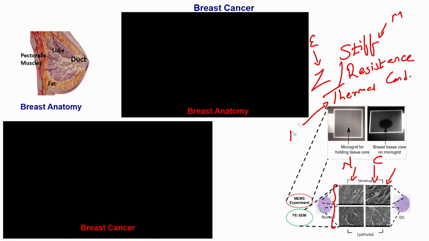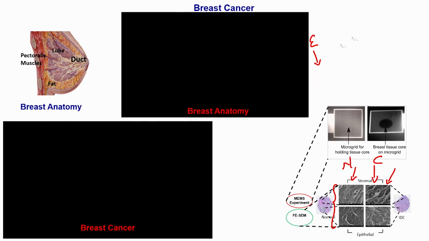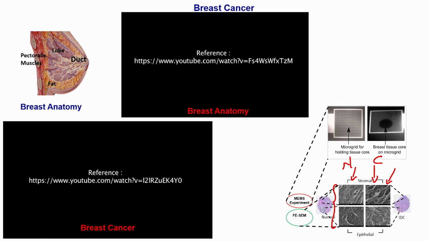Now, before we understand how we can design a sensor that can measure this electrical and mechanical property of the tissue, let us quickly see what is the breast anatomy, and also let us understand what is breast cancer and what are the stages of breast cancer. Alright.